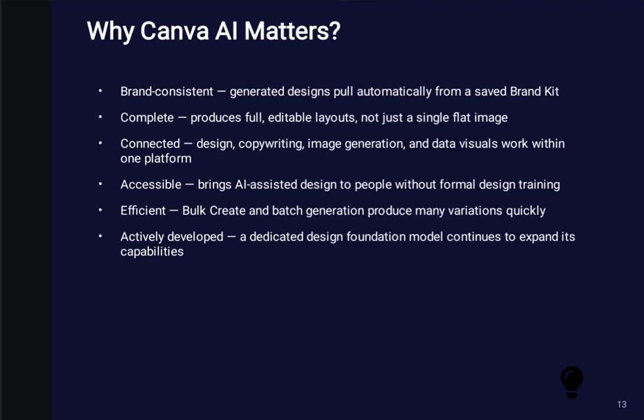Accessible: brings AI assisted design to people without formal design training. Efficient: bulk create and batch generation produce many variations quickly. Actively developed: a dedicated design foundation model continues to expand its capabilities.